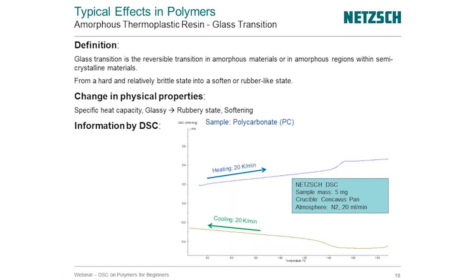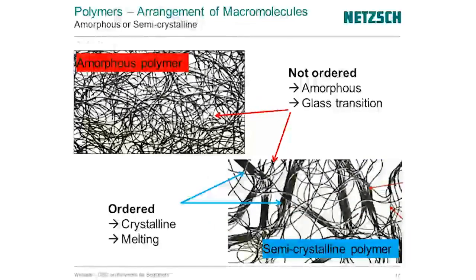Here we're looking at polycarbonate in this example. It's 5 milligrams of material heated in an aluminum pan in the DSC under nitrogen at 20 degrees a minute. As we heat up, we see a transition here. It's a shift in heat capacity. That's our glass transition. You can also see the reverse in cooling. We're going to evaluate that automatically with the computer.